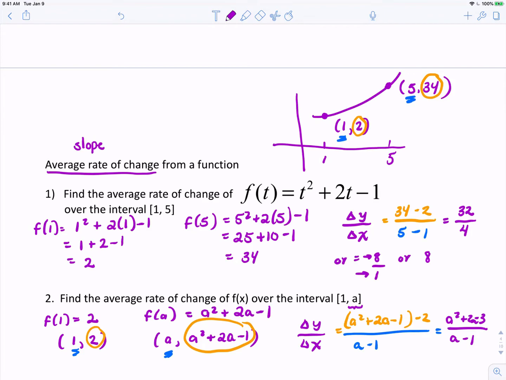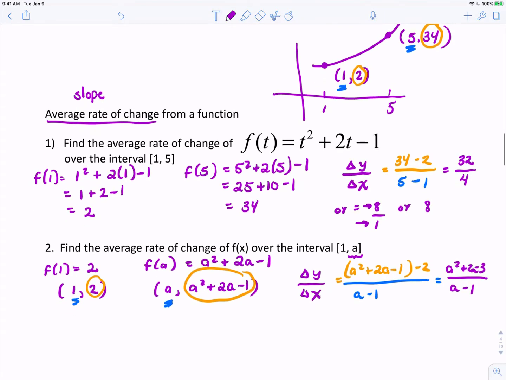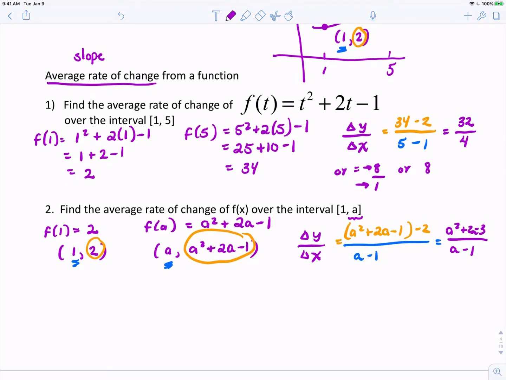Now, there is a last minute touch that we need to do here. We have to ask ourselves, can we simplify this? Now, when we see an expression like this, the way we know we can simplify it is by asking ourselves, can we factor? So simplify means, can we factor and cancel? If we can, then we will go ahead and do so, and if we can't, then we're done.